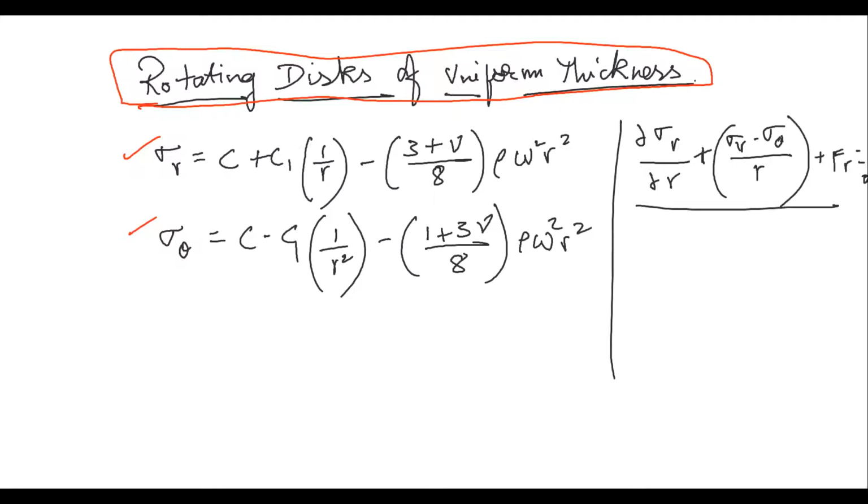So they will give something related to this derivation also; somewhere in between you can get any kind of equation. So this is for the case of a rotating disk of uniform thickness. The derivation is there in the material which I am going to share with you.